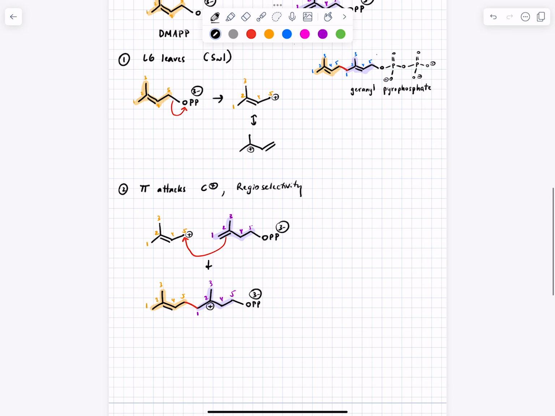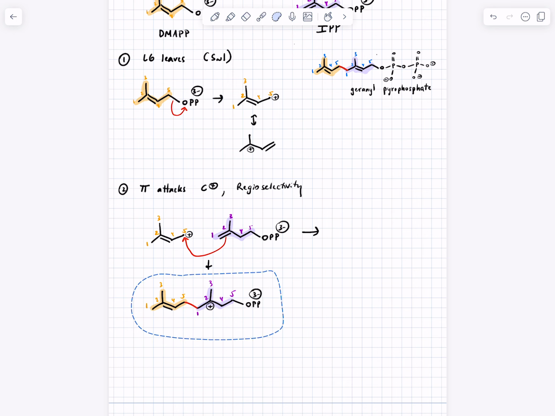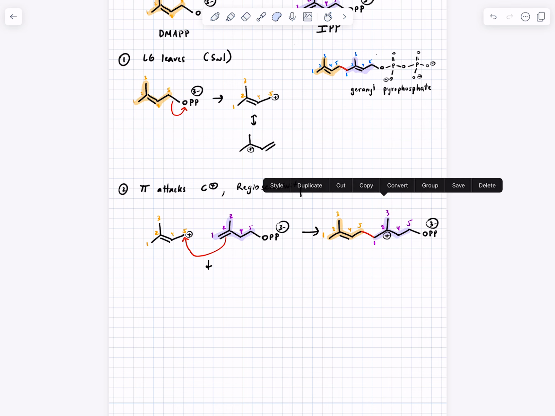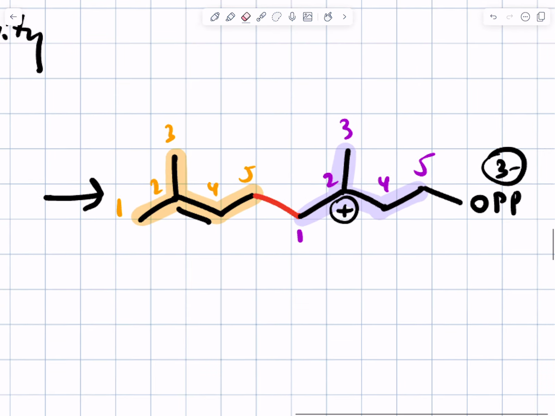Look at where I want to get with geranyl pyrophosphate. Can you think of a reaction that you did in 351 that would allow us to have a pi bond in the right place? Have a base take a hydrogen off carbon 4. A base removes a proton from carbon 4.